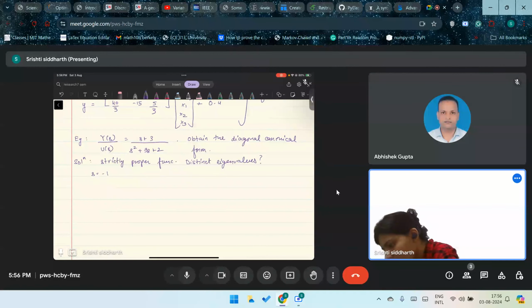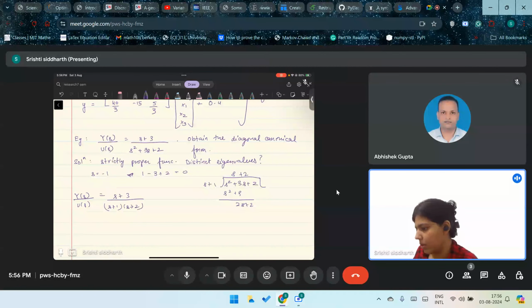The roots are s plus 1 and s plus 2. So we have Y(s) over U(s) equals (s plus 3) upon (s plus 1)(s plus 2). Okay, so we have distinct eigenvalues at s equals minus 1 and minus 2.